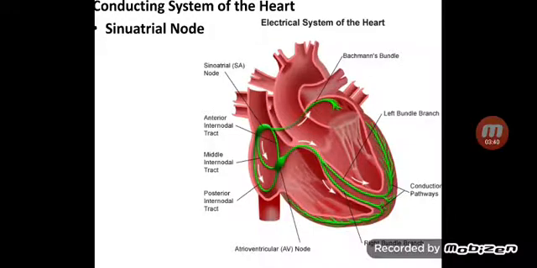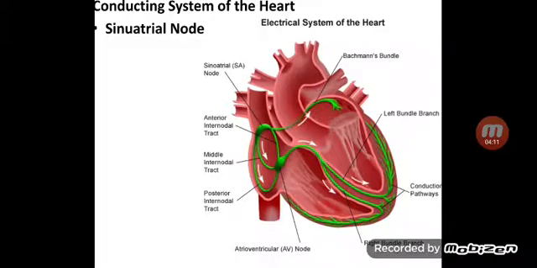But at rest, 70 up to 90 is considered to be normal. The impulses will be initiated and conducted in the conducting system of the heart.